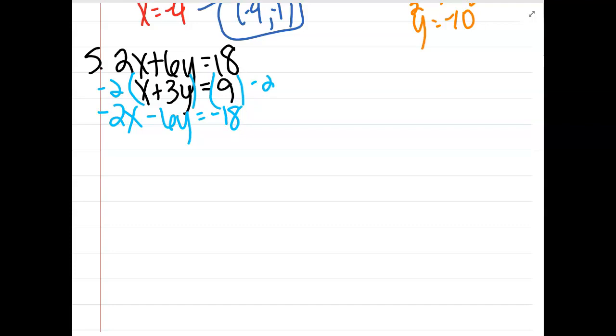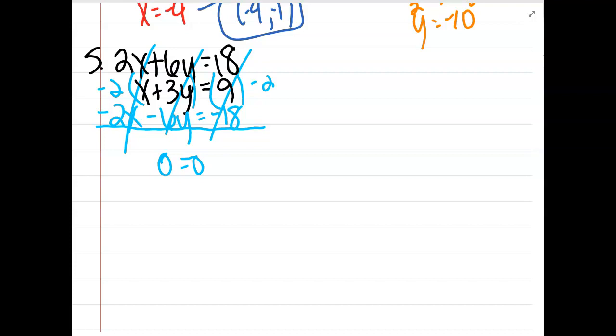Now watch what happens when I add my equations. What happens with the x's? They cancel out. What happens with the y's? They cancel out. What happens with my 18s? They cancel out. So when everything cancels out, you get 0 and a 0 because everything is gone. So it's just 0. Okay, well, is this true? 0 equals 0. Now, be careful here because this is a system of equations.